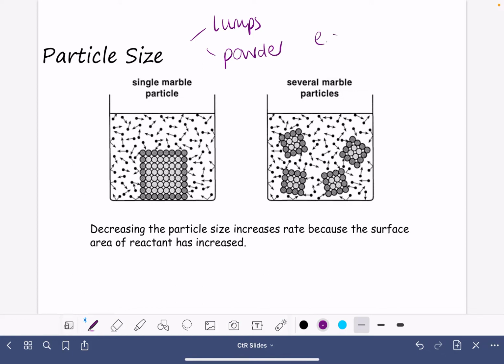For example, in this example, it's marble, which is calcium carbonate or chalk, okay? And we can see that when we've got the single particle, all of these surfaces will react with the acid. And in this one, all of these ones, so many more surfaces are available to react, even though the number of atoms is exactly the same.